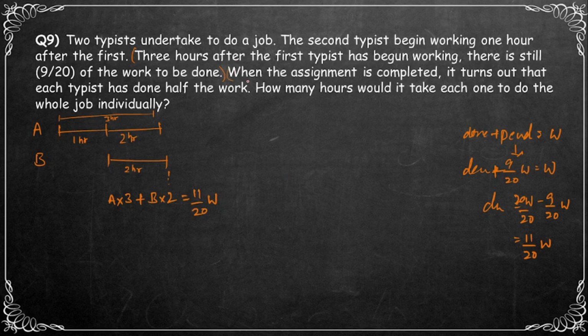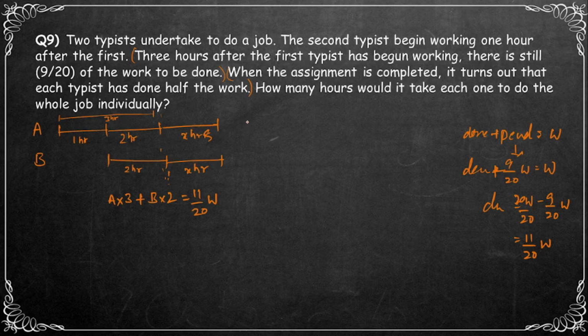So now when the assignment is completed, until this point 11 by 20th of the work is done, 9 by 20th of the work is pending. So let's say they take x hours more, right? At the end of the assignment, it turns out that each typist has done half of the work.